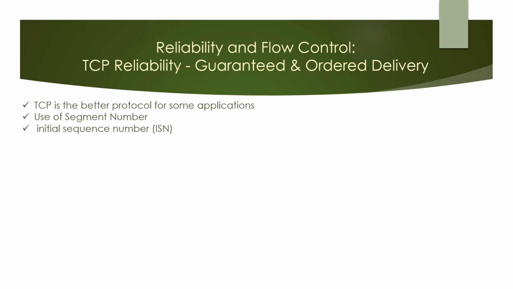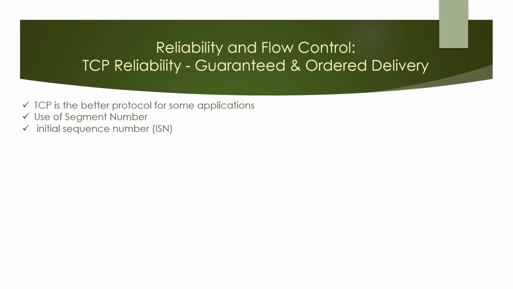As data is transmitted during the session, the sequence number is incremented by the number of bytes that have been transmitted. This data byte tracking enables each segment to be uniquely identified and acknowledged. Missing segments can then be identified.